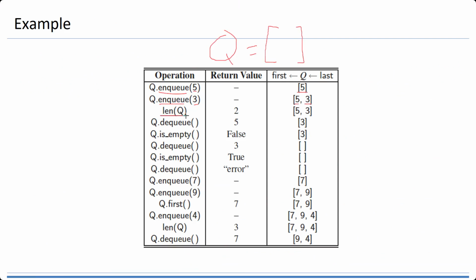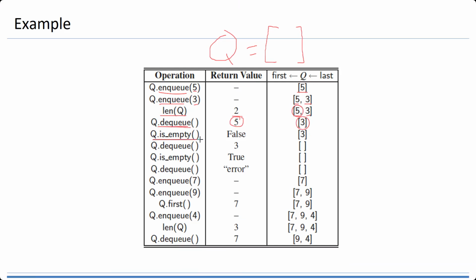We want to know how many items do we have in the queue. So now there are 2 because we have 2 elements. We want to dequeue. When we dequeue, we start from the first element. So the first element is 5. Then the remaining item in the list is 3.